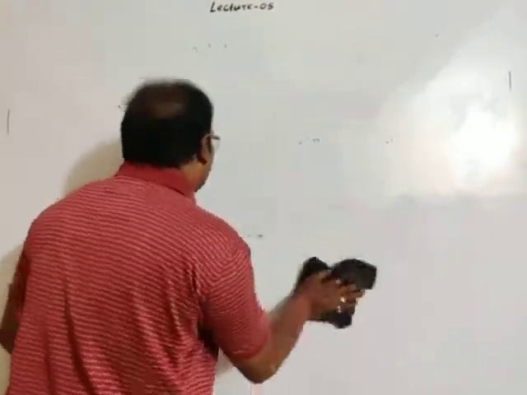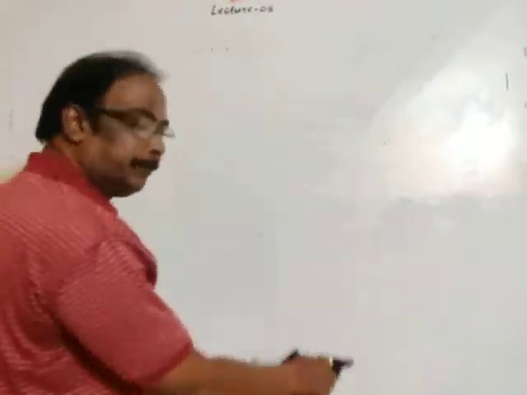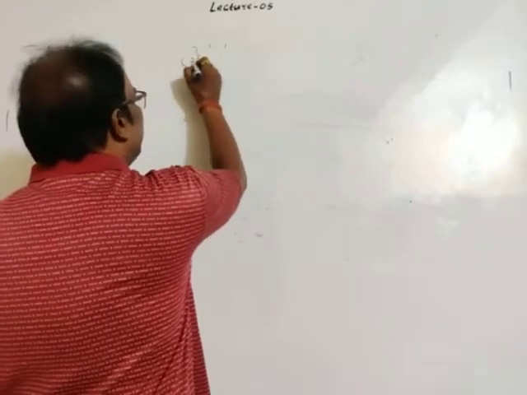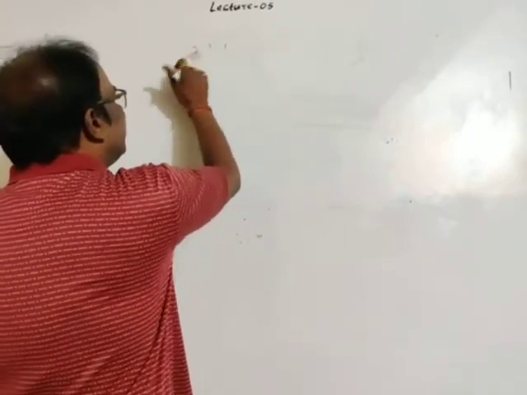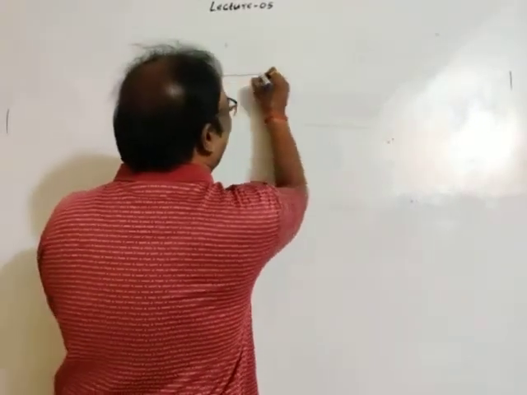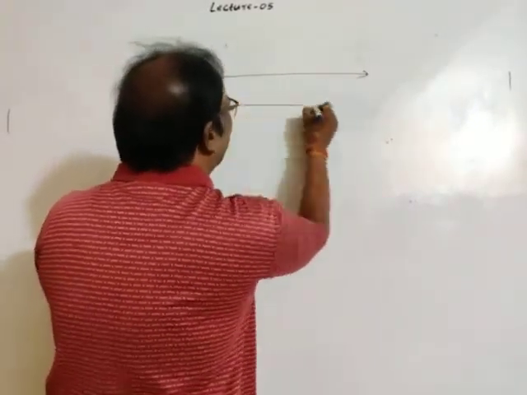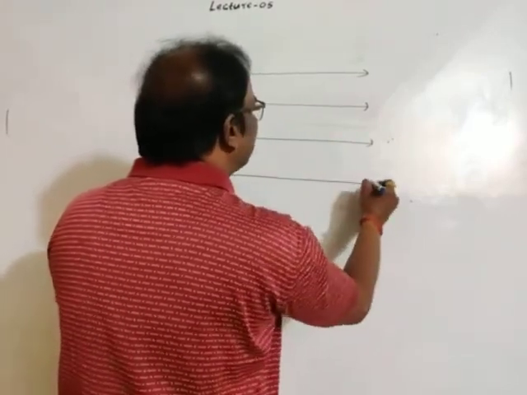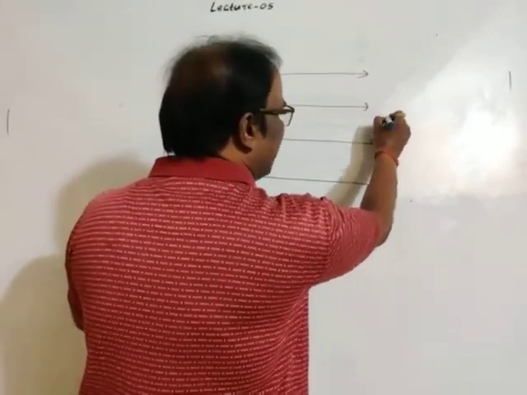Next question, let's take it. Question number 4 or 3, I don't remember, let's take 4. This is a uniform electric field. Electric field lines are parallel and equidistant.